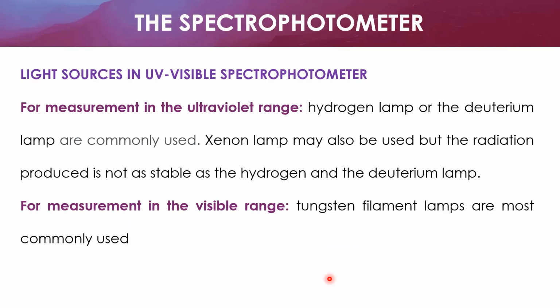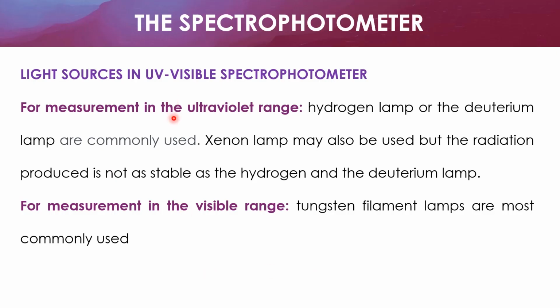Finally, let us look at the light sources or the types of lights used in the UV visible spectrophotometer. First of all, we have to note that the UV visible spectrophotometer is a type of spectrophotometer that is able to measure absorbance values at wavelengths within the ultraviolet radiation range and the visible light spectrum range.